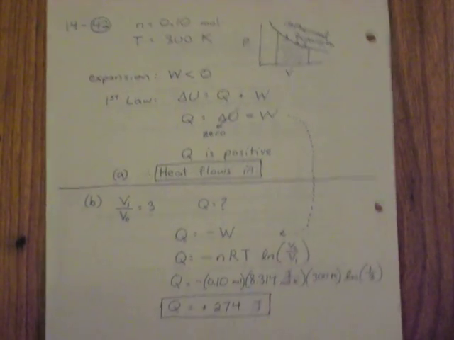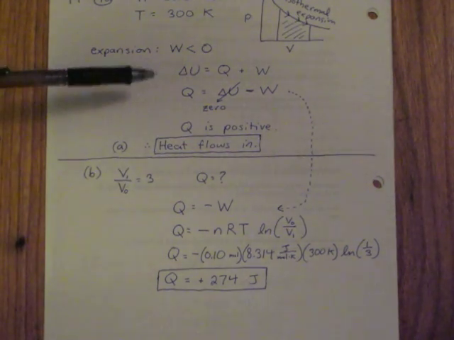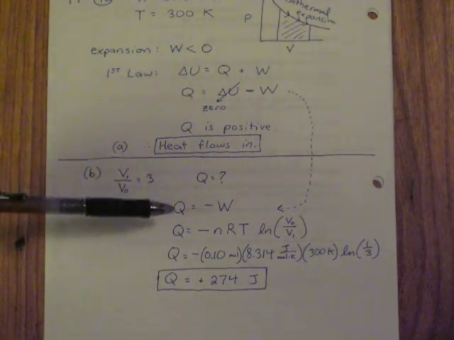Part B says that the volume increases by a factor of 3. What is that heat flow? We already learned in Part A that heat flow is positive. Now we're looking for an actual number here. So based on the first law of thermodynamics, we already solved that Q is the opposite of W. So let's bring it down here.